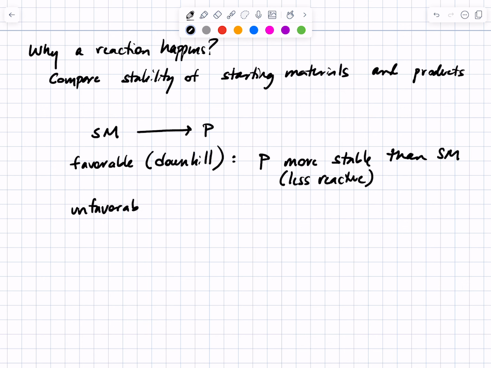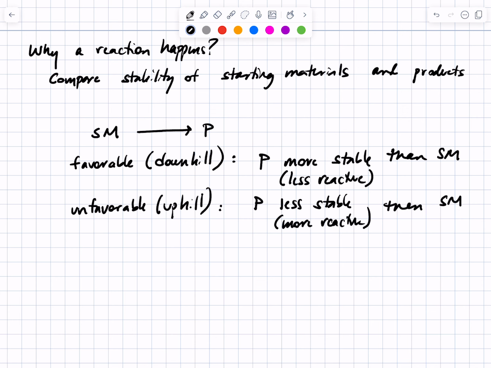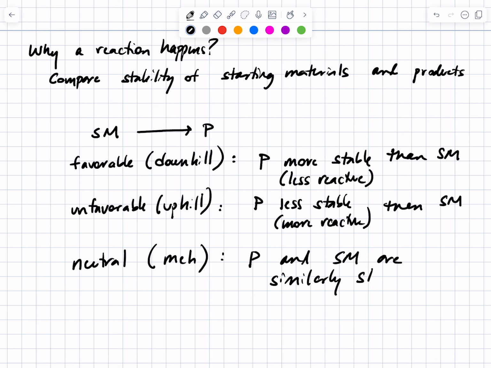Unfavorable would be uphill, and that would be that products are less stable, that is more reactive, than starting material. And neutral, which would be meh, is products and starting materials are similarly stable or reactive.